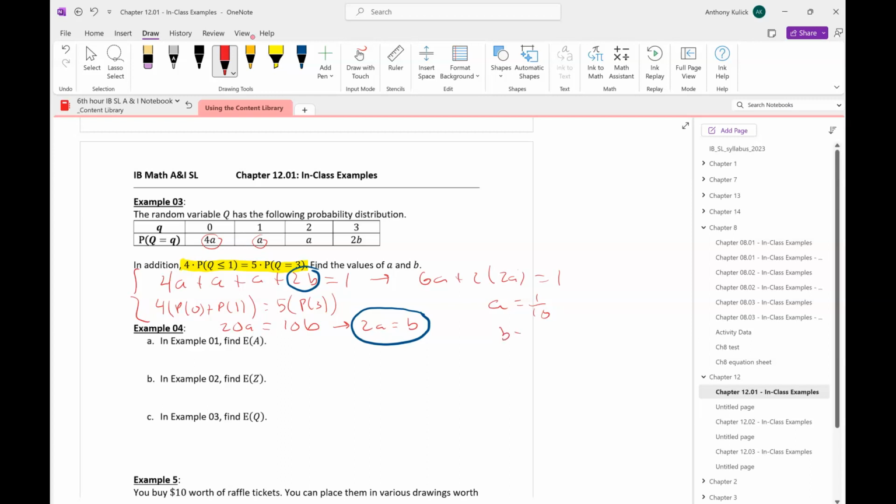And then B is 2/10. And again, you could reduce 2/10 to 1/5, but nobody needs you to do that. Or you could write it as 0.1 and 0.2, or as 10% and 20%. Any of those is fine. Was that okay?